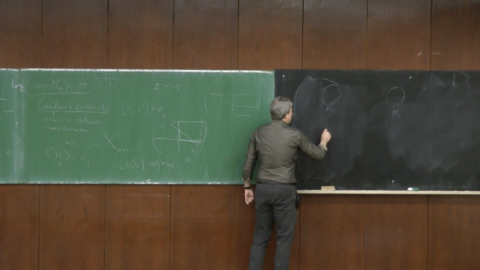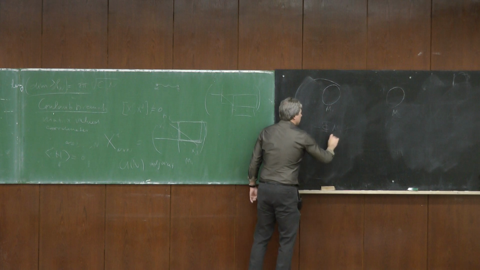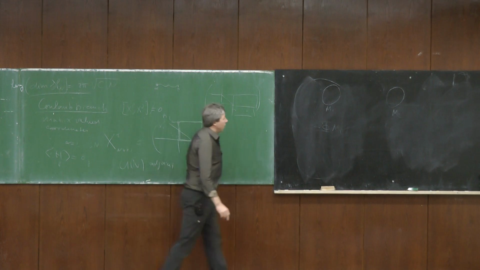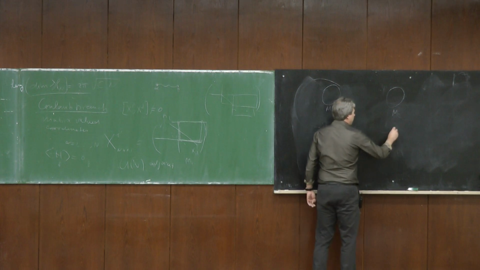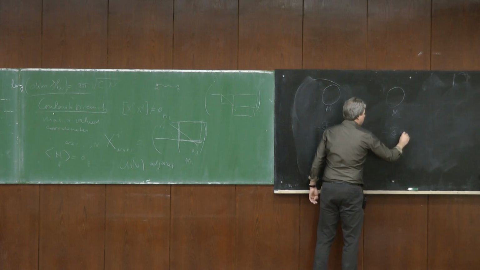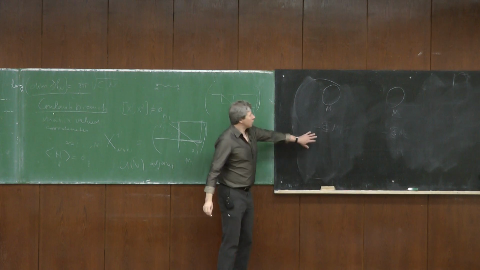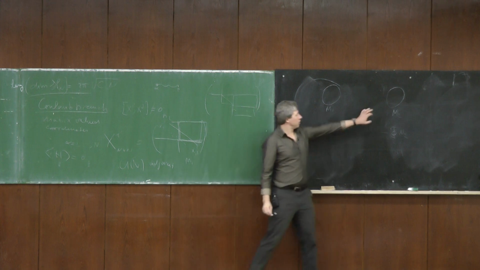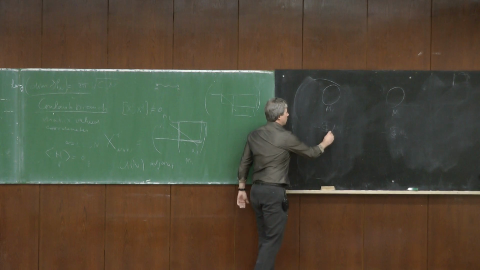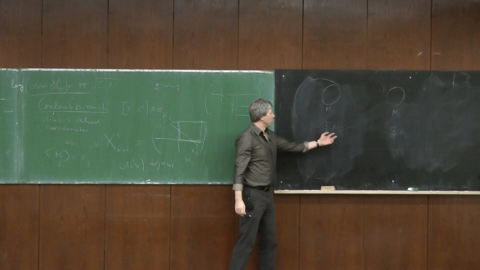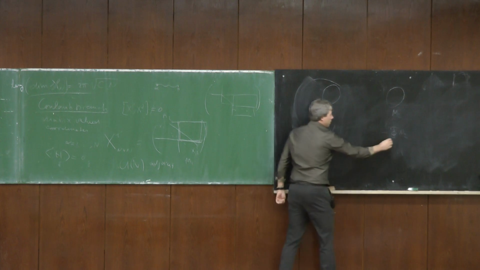Normally you would couple the Newtonian potential to the mass, something like this. And here you do the same thing. So this includes the Newtonian potential of this mass at the point of this mass, and you multiply the two. And here you do the same thing.